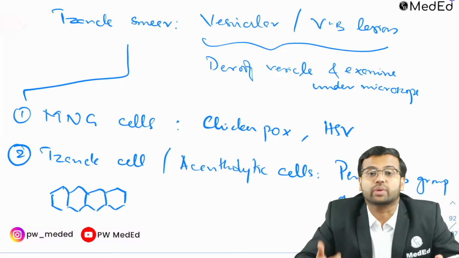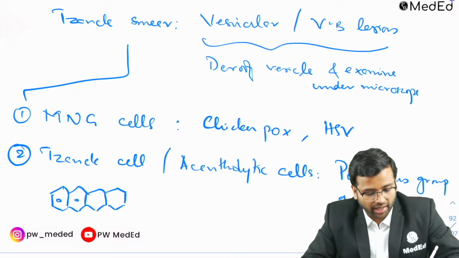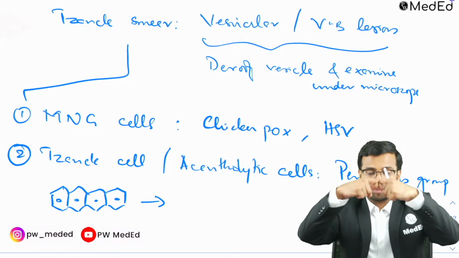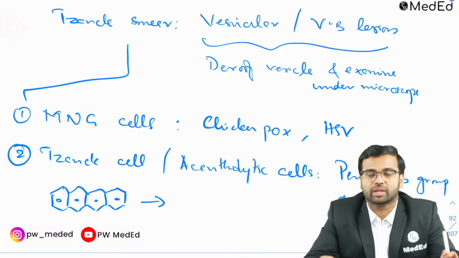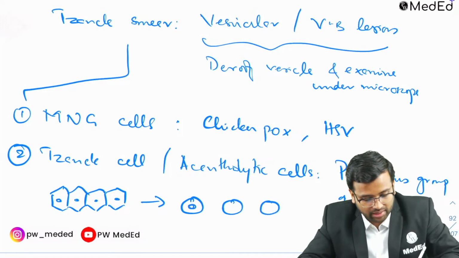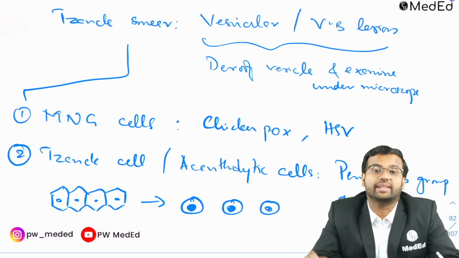These are attached to each other because of a desmosome. And once there is a defect of this desmosome, what happens? The keratinocytes get detached from the other keratinocytes. So once they get detached, these become rounded cells with a large nucleus. And these are called acantholytic cells.